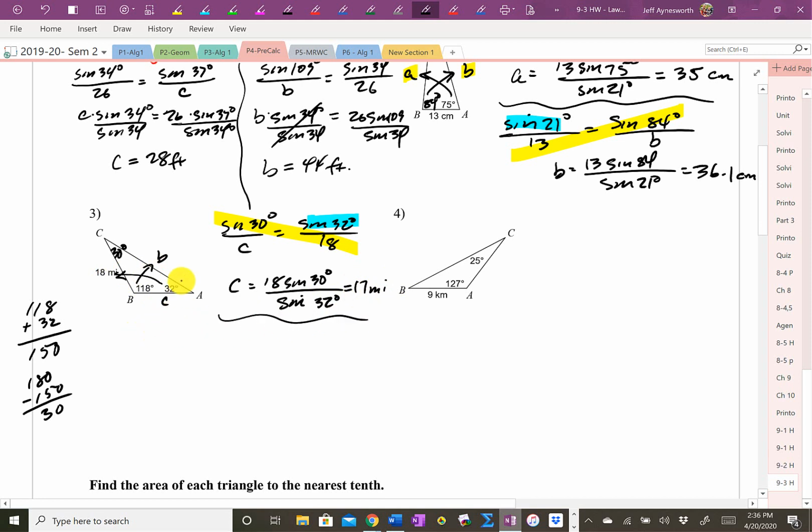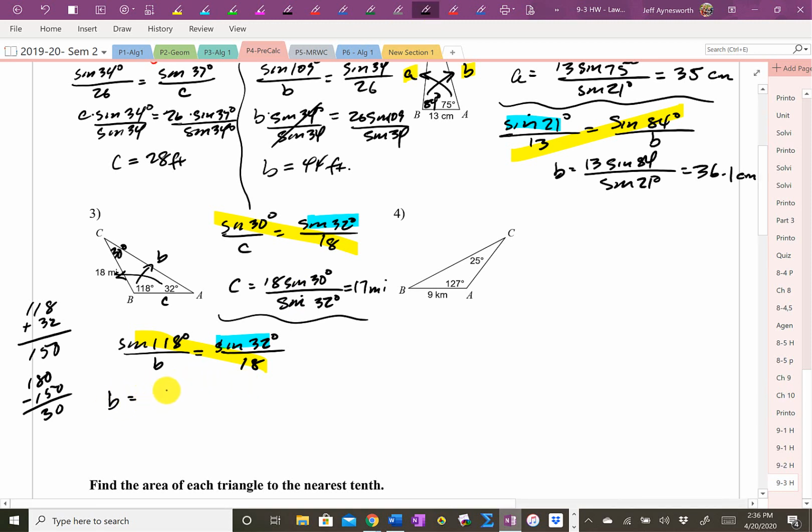Okay, next one, let's find B. So the sine of 118 to B is equivalent to the sine of 32 degrees to 18. One more time, here we go. On proportions, you always cross multiply and divide by the third term. It always works out that way.